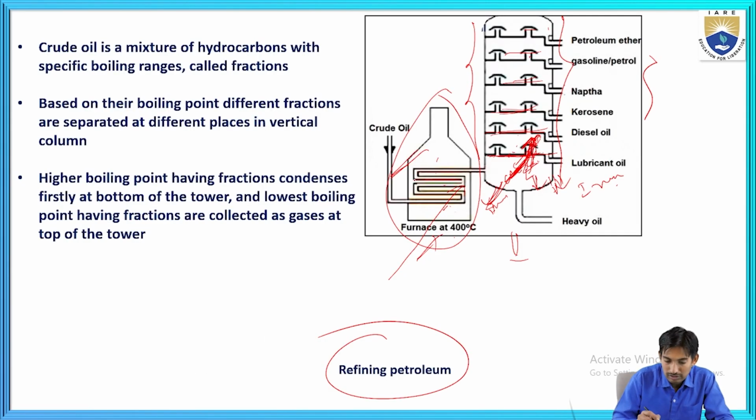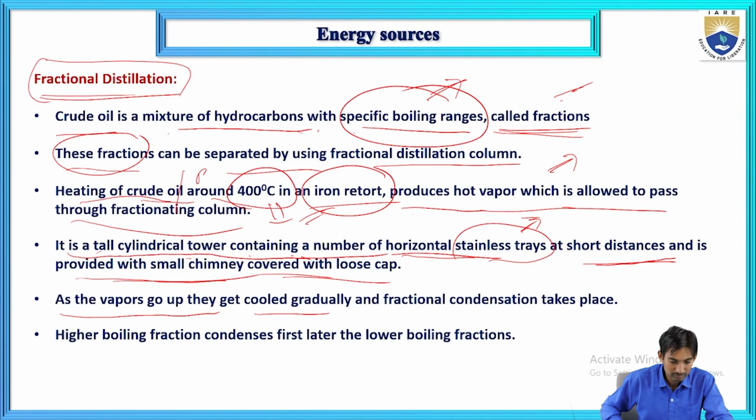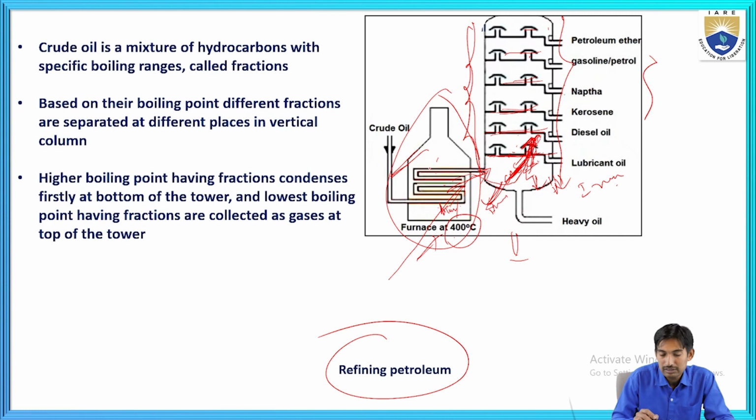We are applying 400 degree centigrade temperature. All the liquid crude oil or petroleum is converted into vapor state at 400 degree centigrade. All the vapors enter into the tall cylindrical tower.